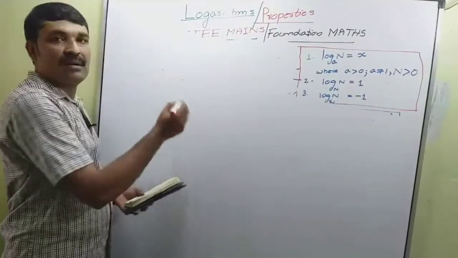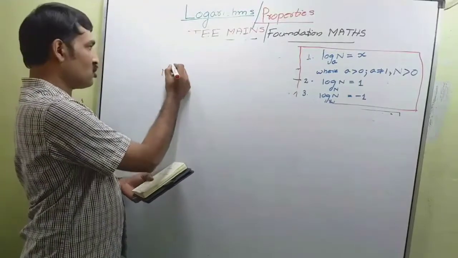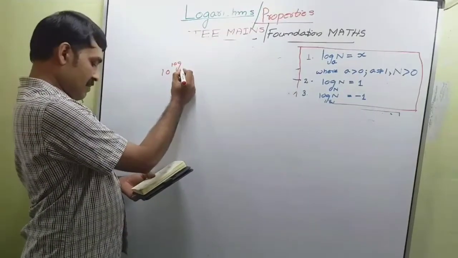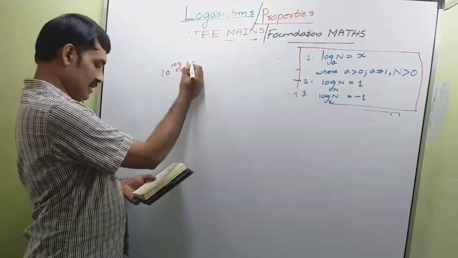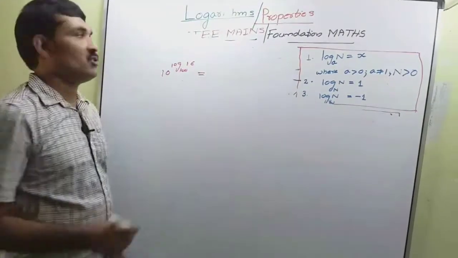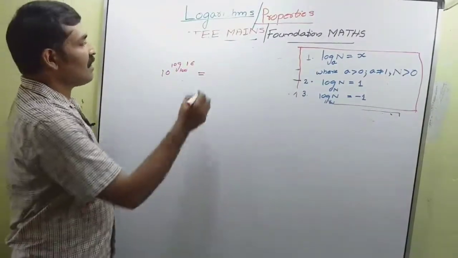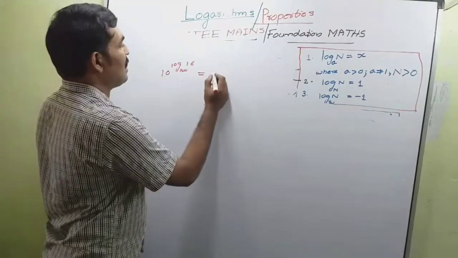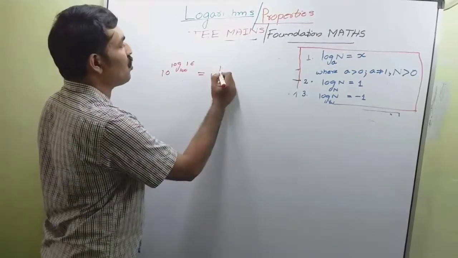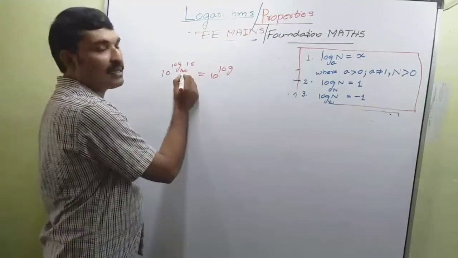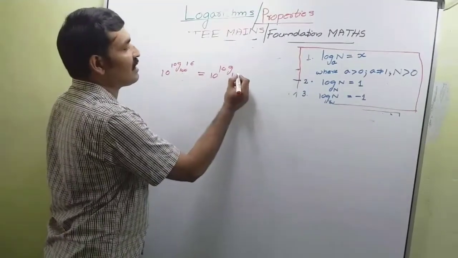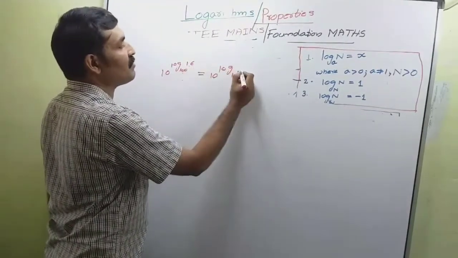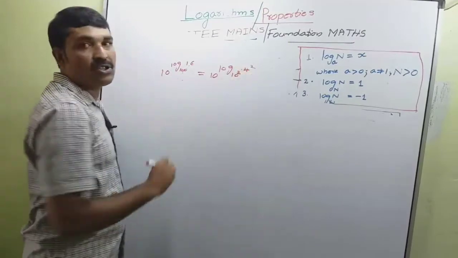Now 10 raised to log, base is 100, of 16. This is equal to question. We can write this as 10 raised to log, 100 can be written as 10 square, 16 can be written as 4 square.